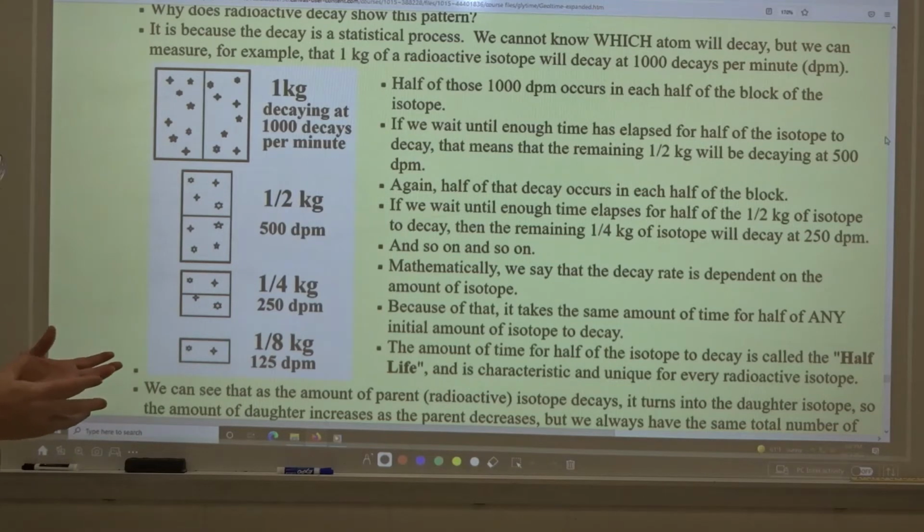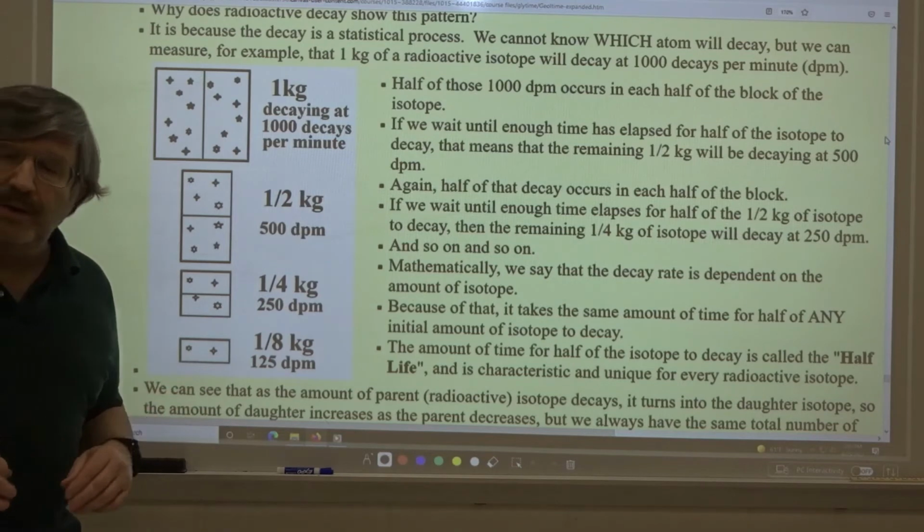The question then becomes, can we always get a radiometric date on any sample? And the answer to that is no. We need certain circumstances, certain conditions to be present in order to do that.